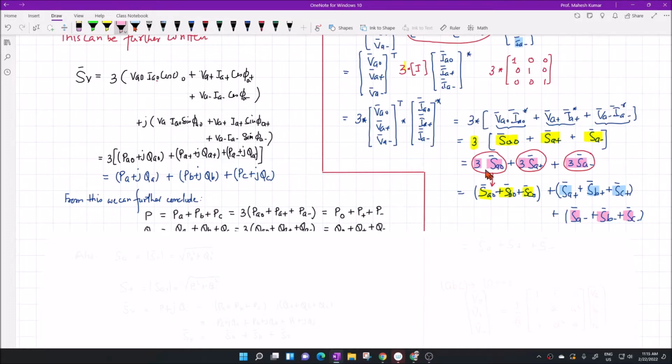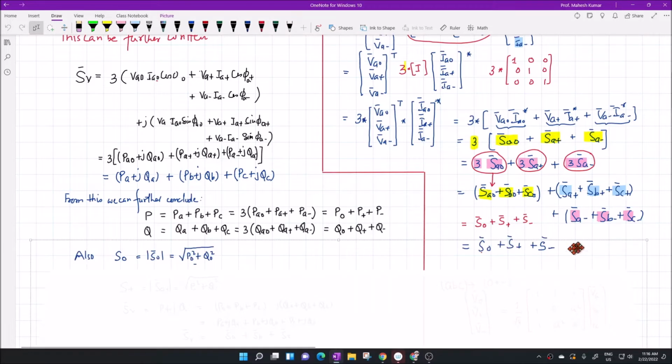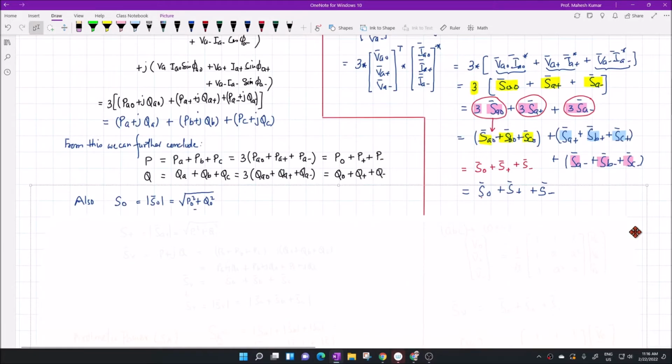We can also write it in the form of this equation. If you don't want to write 3, it becomes S0 plus S plus, I think I have given in the line below, and minus. This is given here as well. So this becomes S0, S plus, S minus.